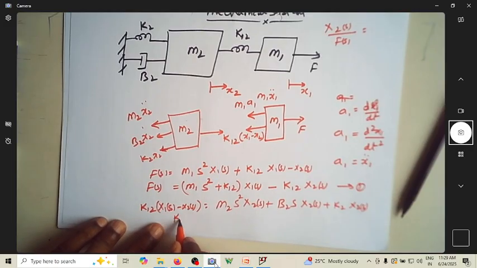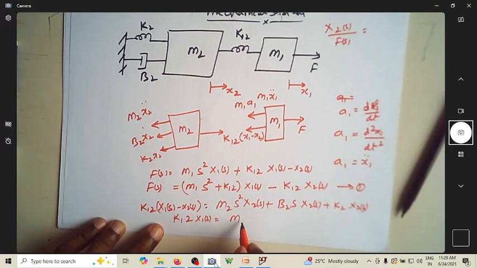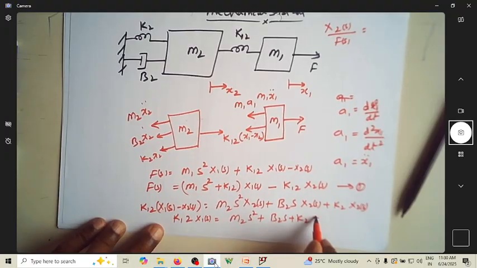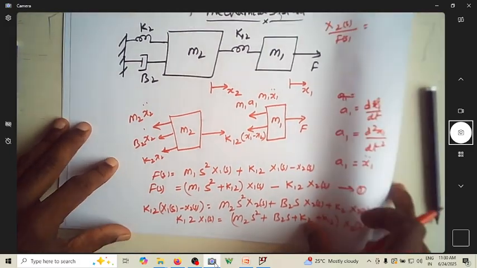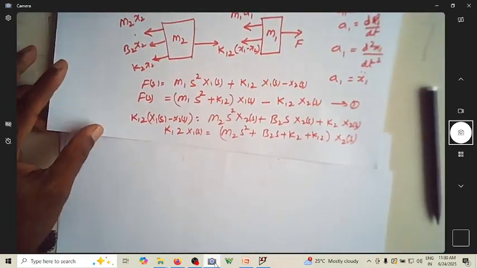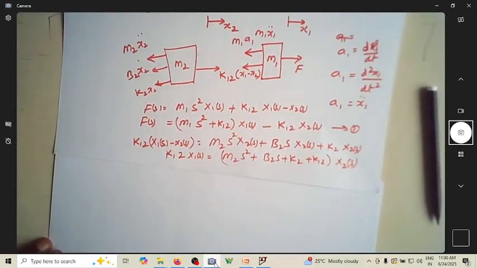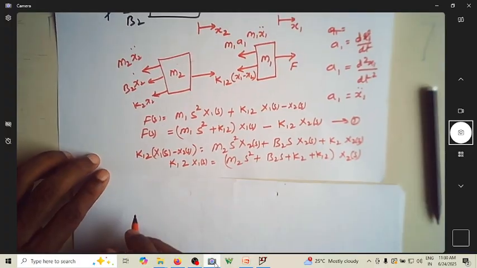So I can write k12 x1 of s equal to m2 s square plus b2 s plus k2 plus k12, times x2 of s. This is the equation I have.